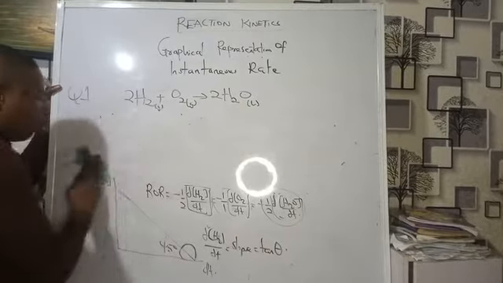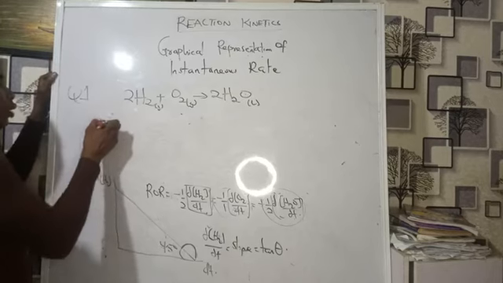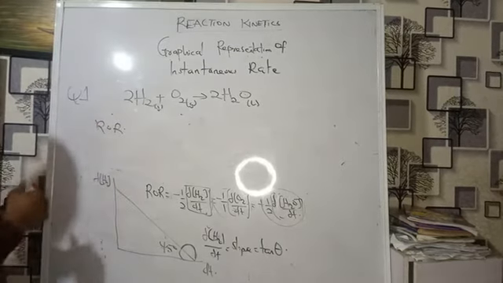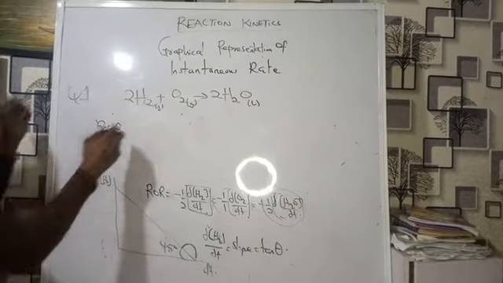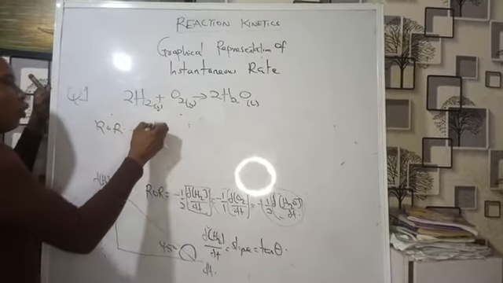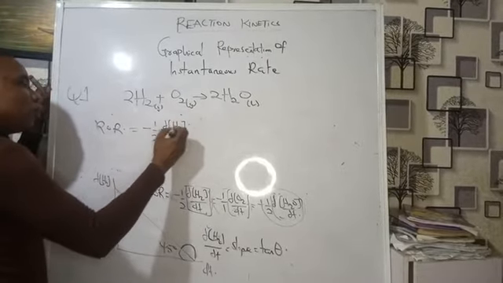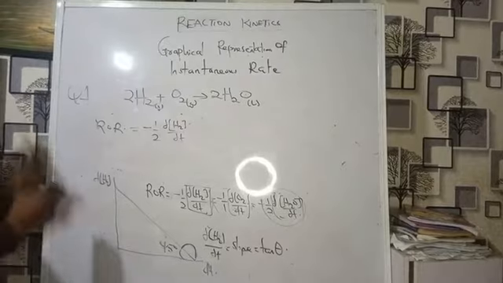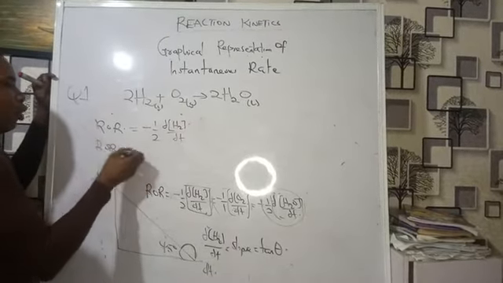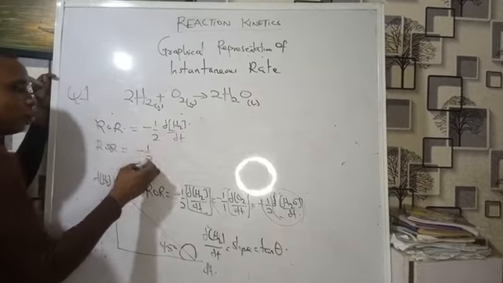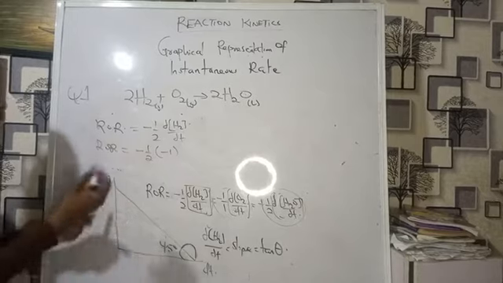We are coming back to this formula. Because we are given H2, we have to use H2. Rate of reaction equals minus 1 over 2 d[H2] over dt. But d[H2] over dt is minus 1. So rate of reaction equals minus 1 over 2 times minus 1, because this one that we calculated is minus 1.